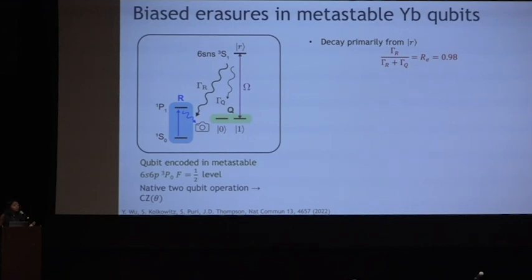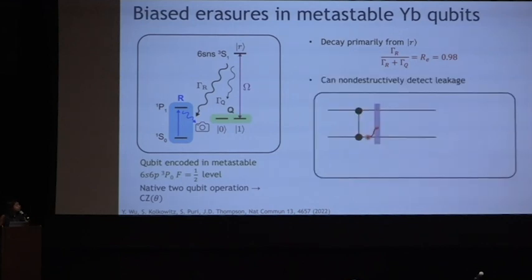And what we can do is take our control phase gate, apply a fluorescence pulse to non-destructively detect this leakage, creating a heralded erasure. There's one important point we need to focus on here, which is that this leakage only ever occurs if your qubit started out in the one state.